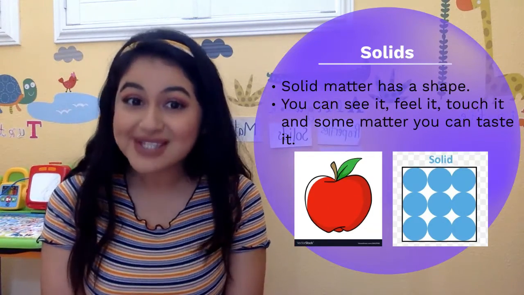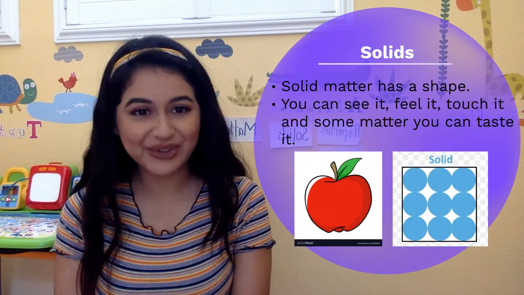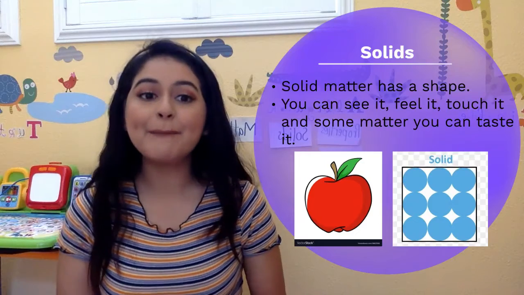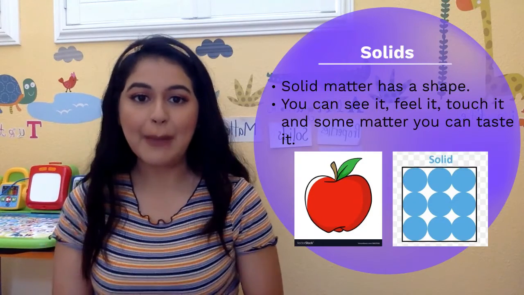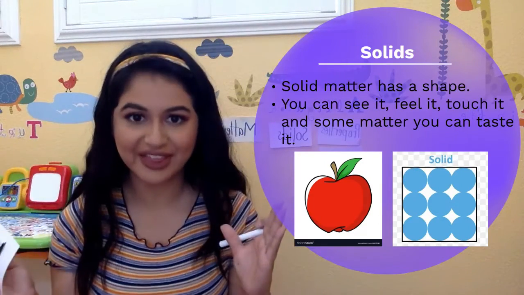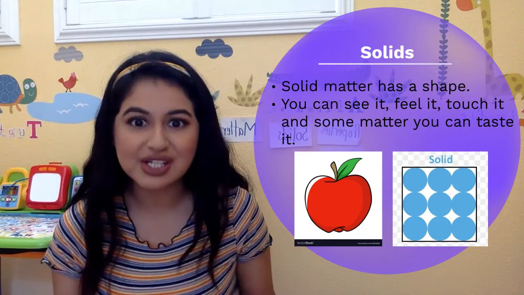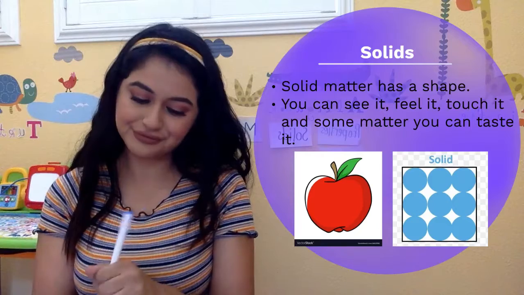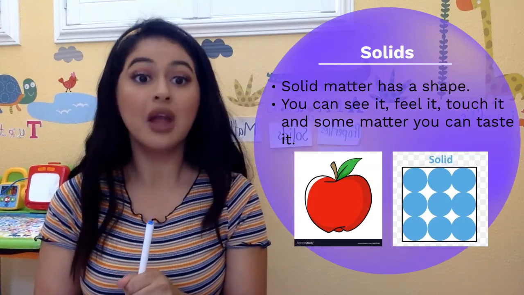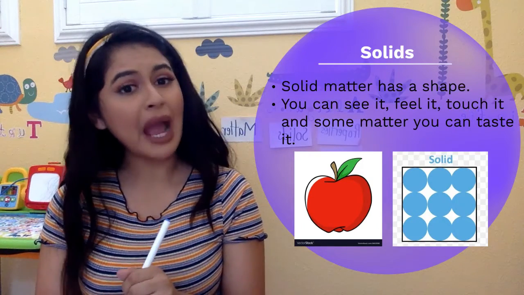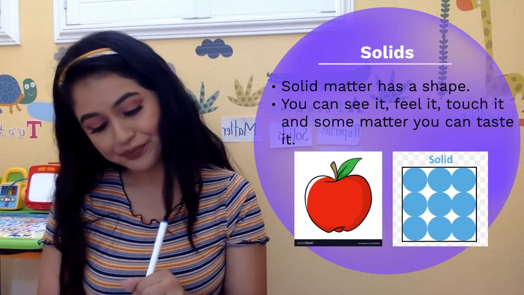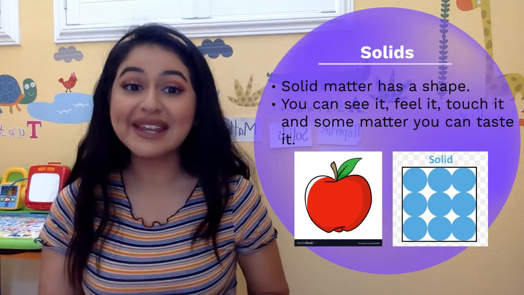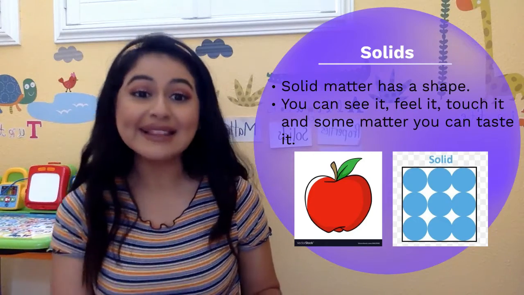Those circles are called particles. Particles are tiny bits of matter that make up everything in the universe. How do those particles look? Do they look very packed or spread out? Great! The particles in a solid are tightly packed.